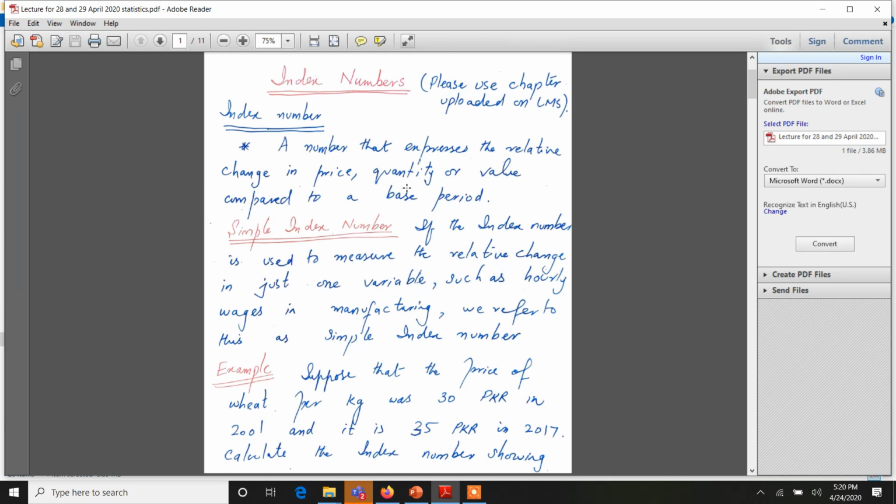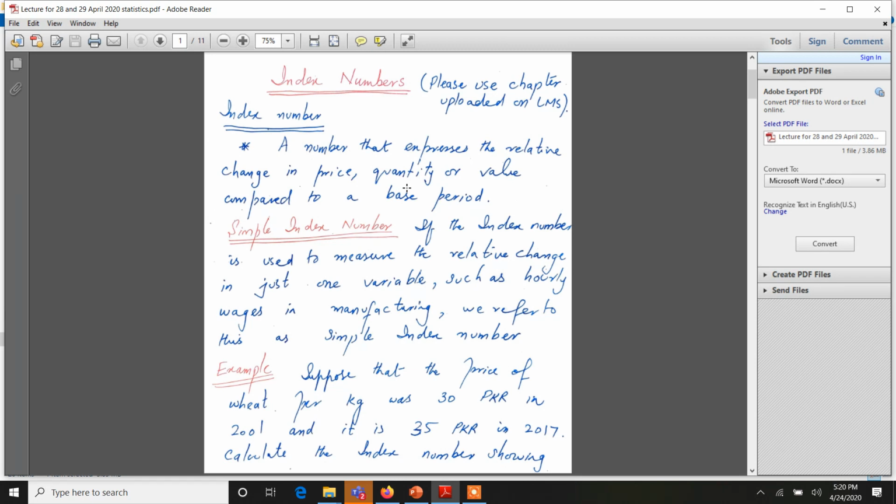For example, the multi-dimensional poverty index is calculated by using data on multiple domains of poverty, like the health status of the person whose poverty is being measured, what health opportunities are available to him or her, and what education opportunities are available to him or her. So we are using multiple types of variables to construct it. Some of the index numbers you will study in the coming lectures and slides as well.